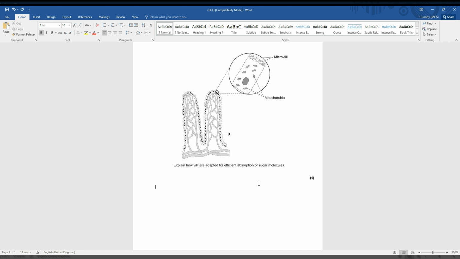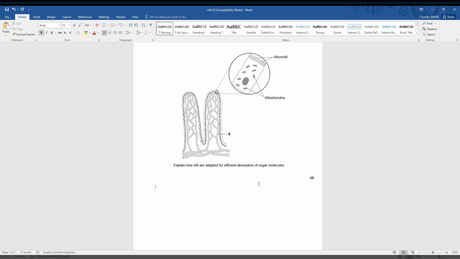So first of all, AQA do not print anything on exam questions that is unnecessary. Okay, so it means that the diagram is going to be very useful for us. So what we've got then is 2 villi which are found inside the small intestine and are used to absorb digested nutrients from our food and transfer it into the bloodstream. Okay.